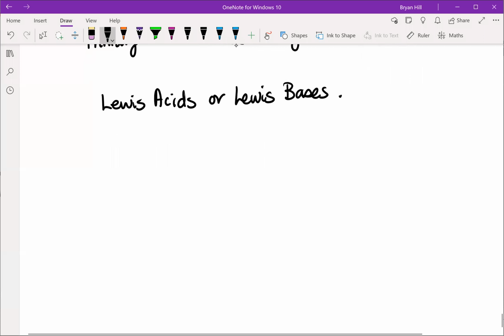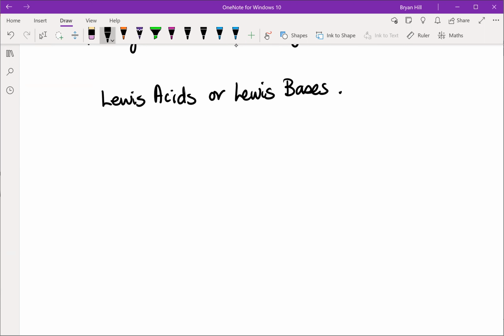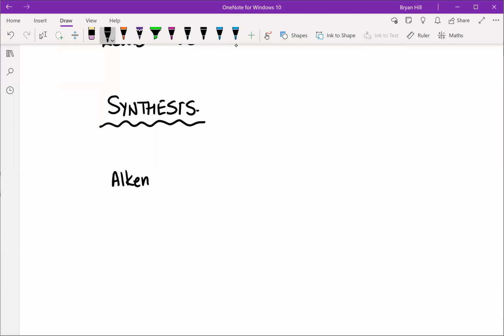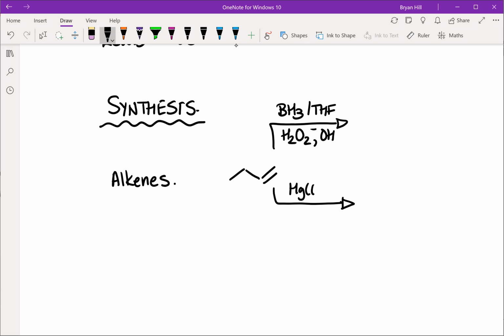So ways to make alcohols, synthesis. The whole section from alkenes, you could have the anti-Markovnikov or the Markovnikov addition of water across an alkene.